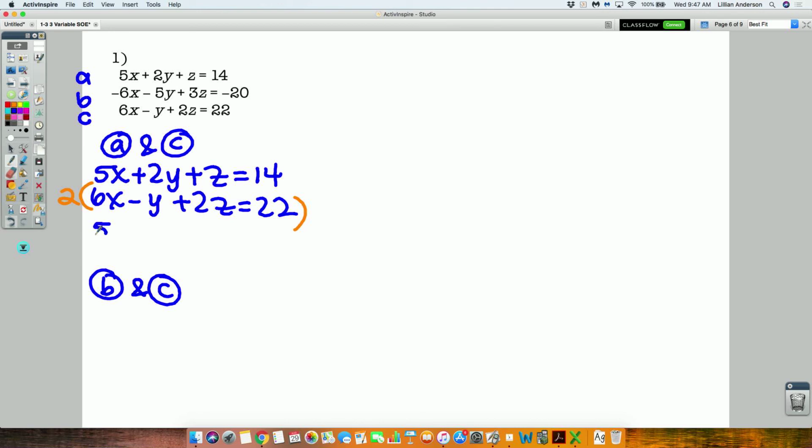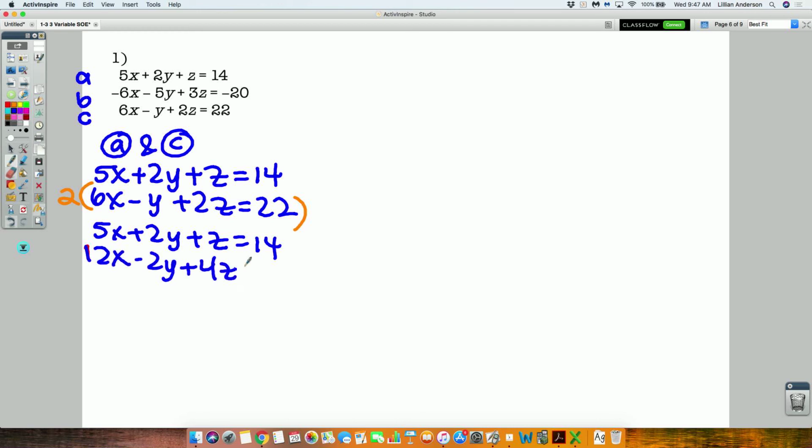So 5x plus 2y plus z equals 14. What's the bottom equation turn into? It'd be 12x minus 2y plus 4z equals 24. My y's cancel.